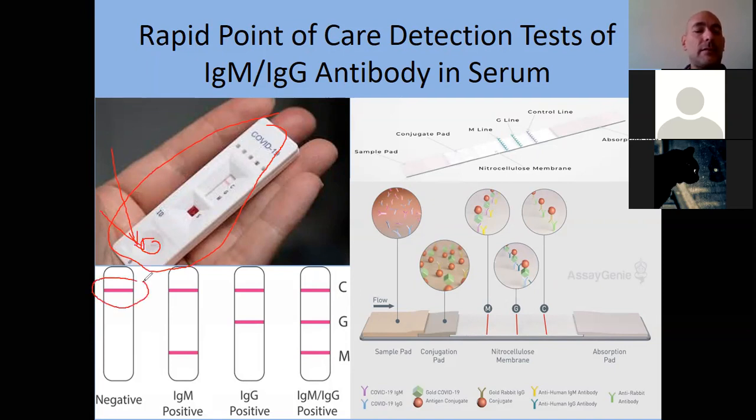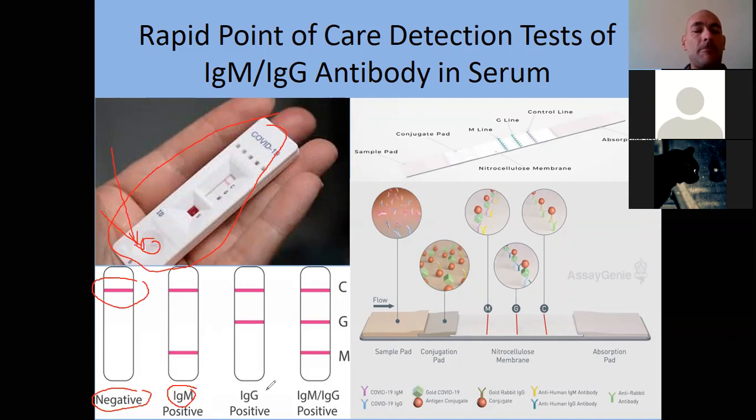This result is negative. Everything is okay. If you have these 2 bands, that means the patient in his blood has the production of IgM antibody. I will explain a little bit why these 2 antibodies are important for this virus, okay?